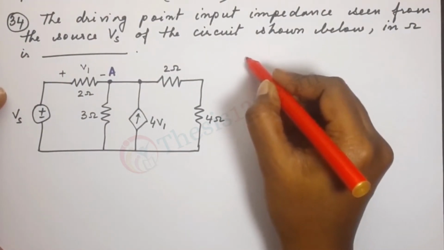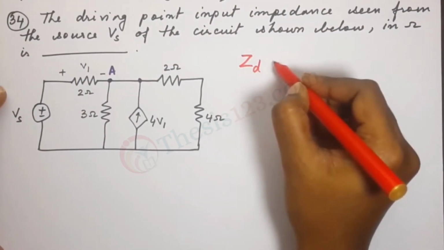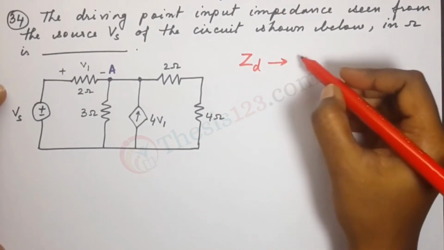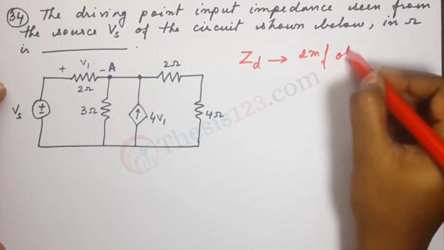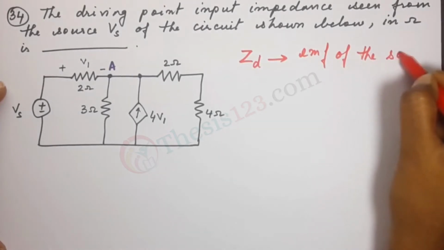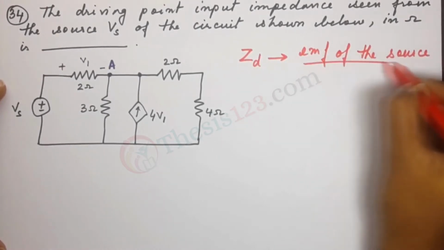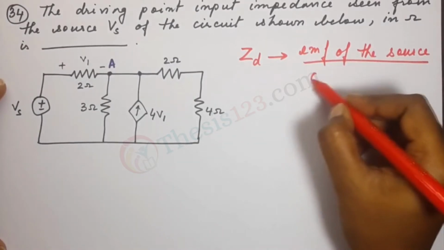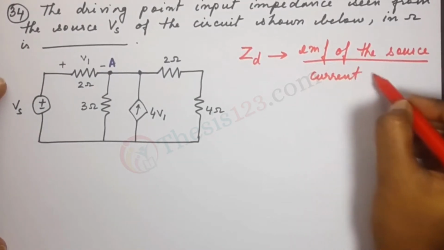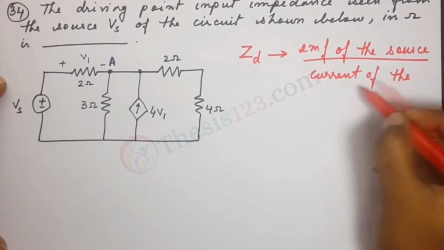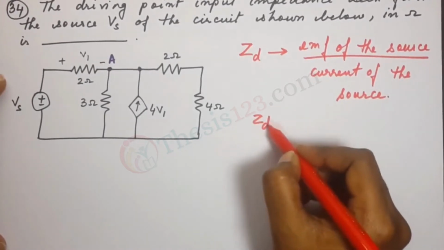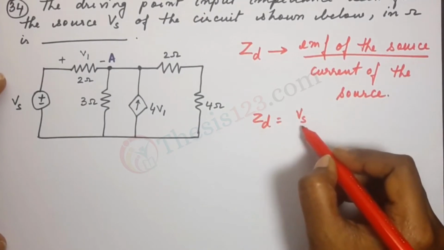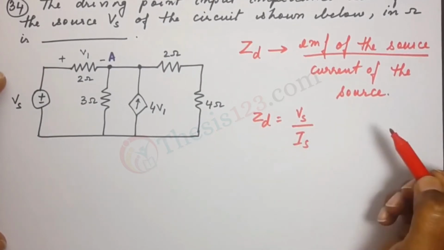The driving point input impedance, I'll call it Zd, is defined as the ratio of the EMF of the source to the current of the source. So Zd can be written as Vs by Is.